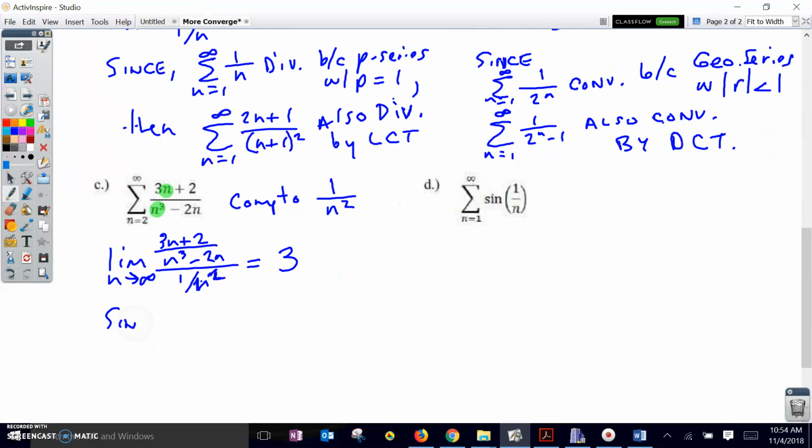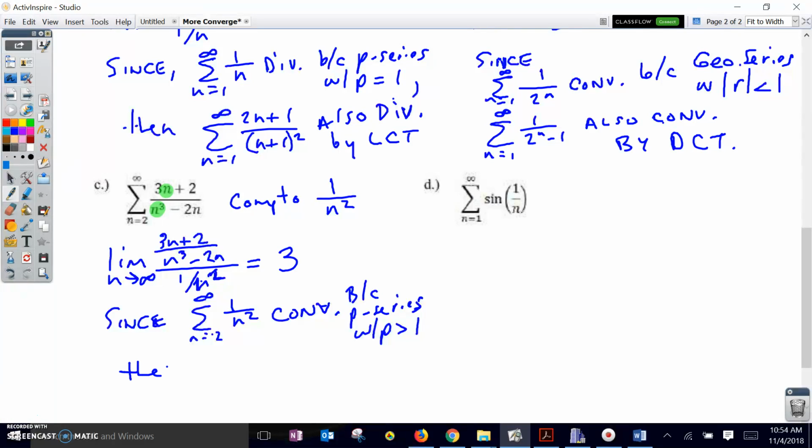Since the sum from 2 to infinity of 1 over n squared converges because it's a p-series with p greater than 1, then the sum from 2 to infinity of 3n plus 2 over n cubed minus 2n converges by the direct comparison test.